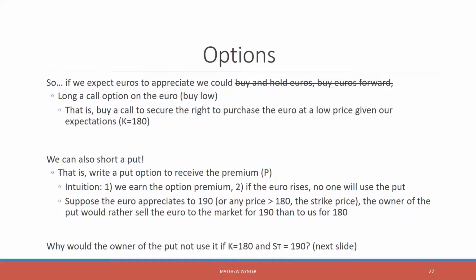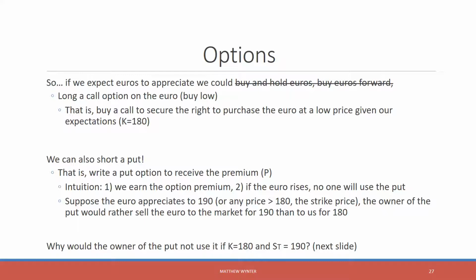for 180. And if that's a little bit confusing, let's pause for a moment and make sure we're all on the same page. When I sell you the put option, I'm selling it to you for the premium. So you provide me a premium. Awesome. You have the right, but not the obligation to sell this security to me for 180. Okay.